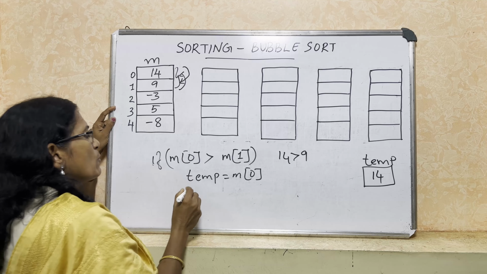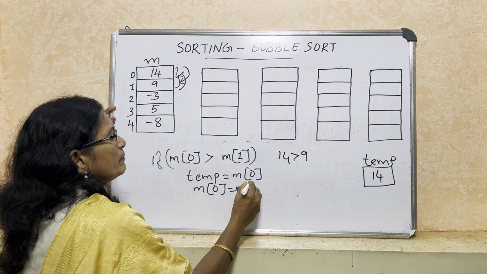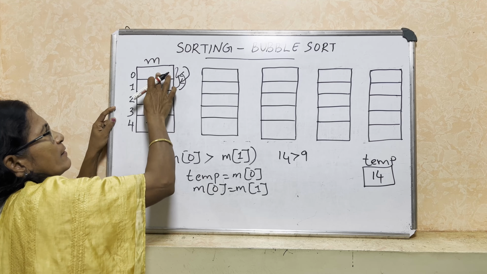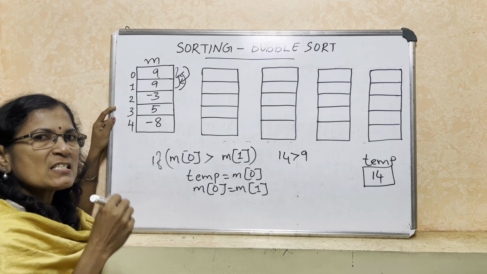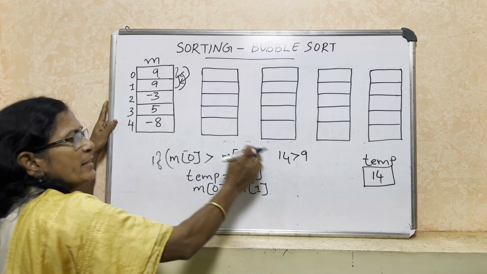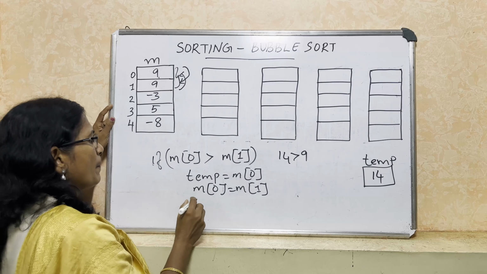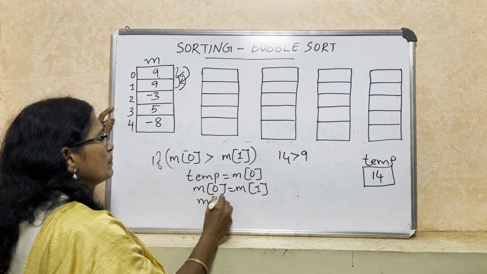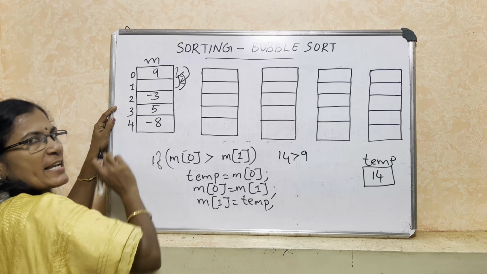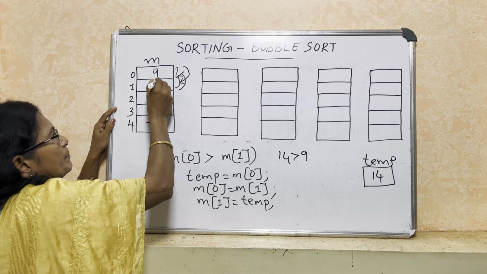M of 0 is equal to M of 1. So, to the first storage location, we have assigned the value 9. Now, in both storage locations, we have the value 9. To the second storage location, assign the value of temp. M of 1 is equal to temp. So, from the temp, assign the value to the second storage location of the array.